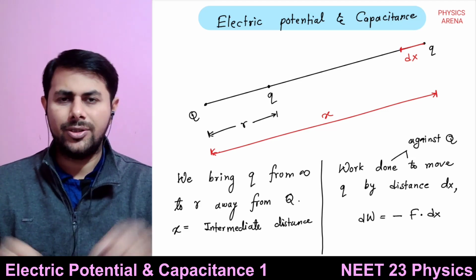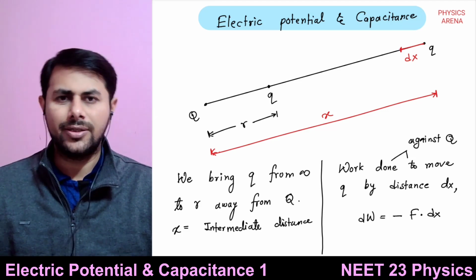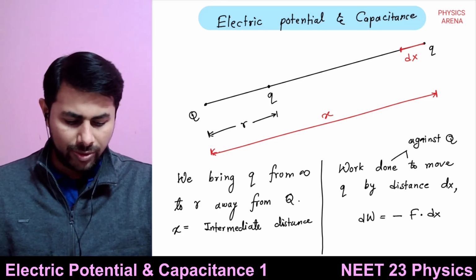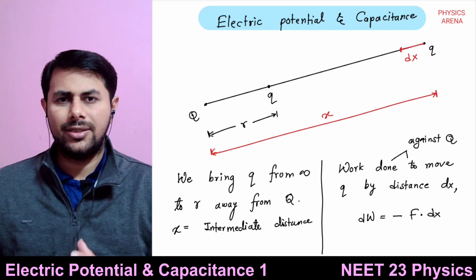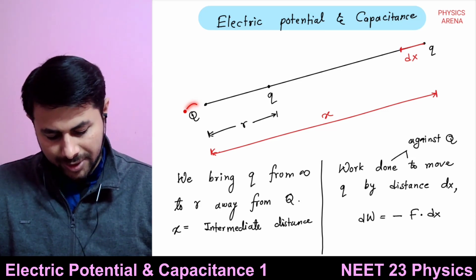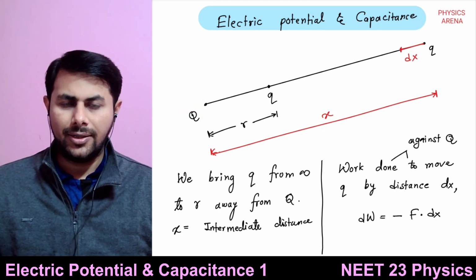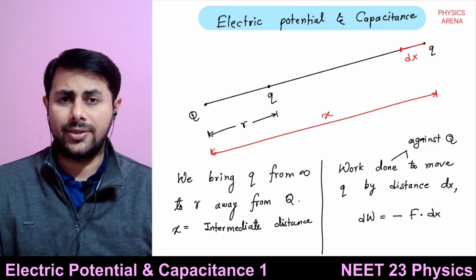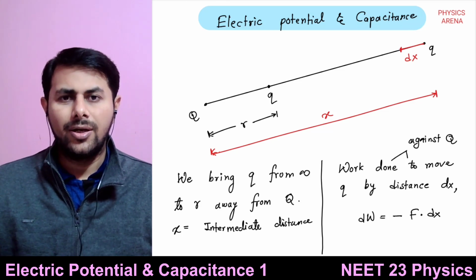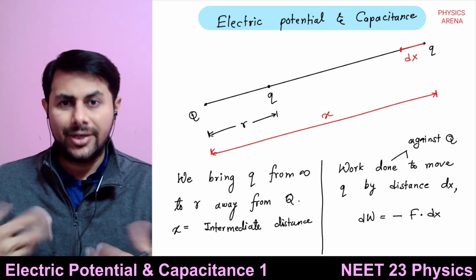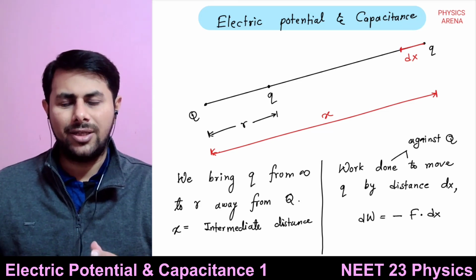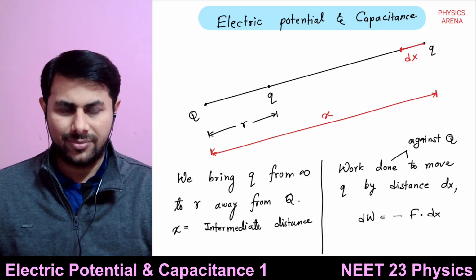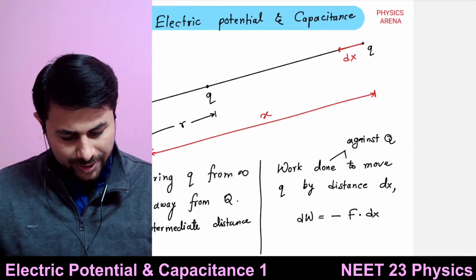So let's suppose the charge small q is at point A. We move it to point B. So we have to do some work against the electric field of charge capital Q. And because we are doing work against the electric field, that means we have to supply energy from outside, right? So this work done gets stored as the potential energy of the system of charges.